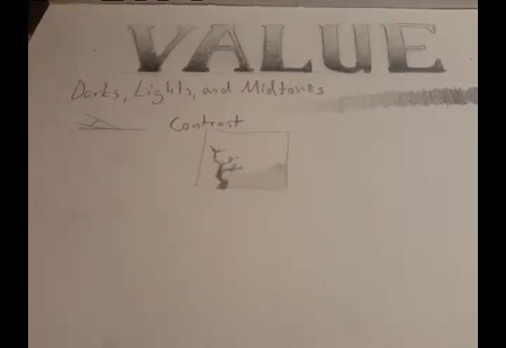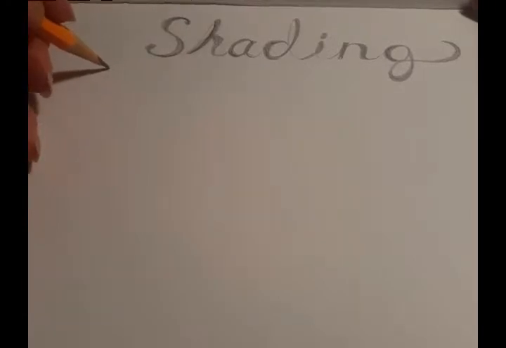The thing that you can use values to create is shading. That's really what they're used for in artwork. So shading uses value, and it creates light and shadow.